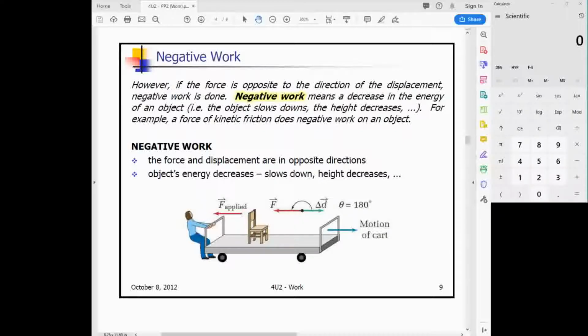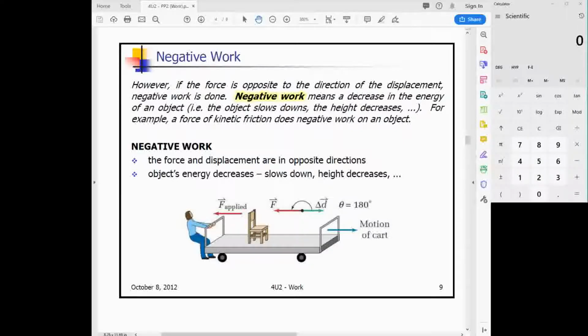So friction is always an oppositional force, always opposing motion. So if I have an object that is sliding, the force applied to it by friction will be in the opposite direction to where it's sliding, but it will move in the direction it's sliding. So negative work is done in that case.